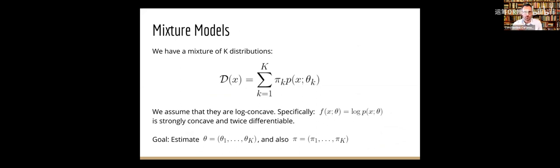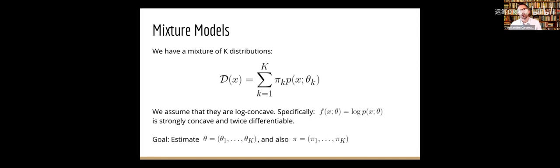Okay, so just to finally state the specific model that I have in mind, I'm thinking about a mixture of k distributions, with pi_1 through pi_k the mixing weights. I should mention that I've presented this as needing kd samples. Of course, we should expect that k is not the real value.